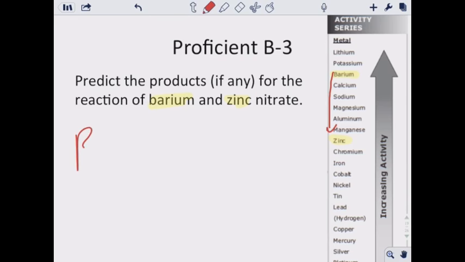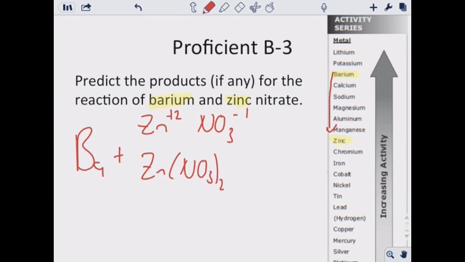So we have barium, which is Ba, plus zinc nitrate, which is Zn, and zinc is going to have a +2 oxidation number, NO3, -1. So we have Zn(NO3)2.